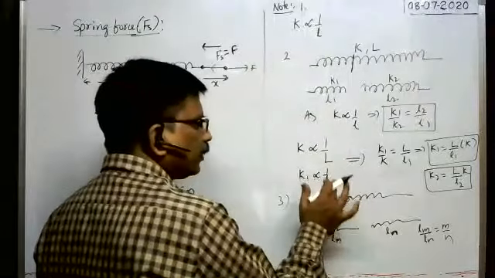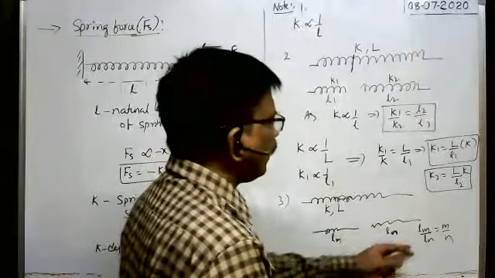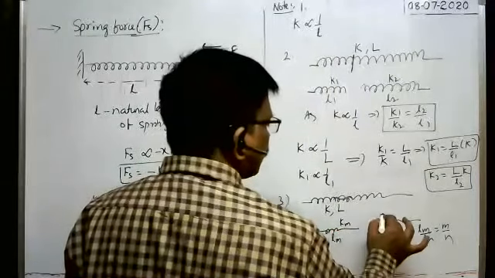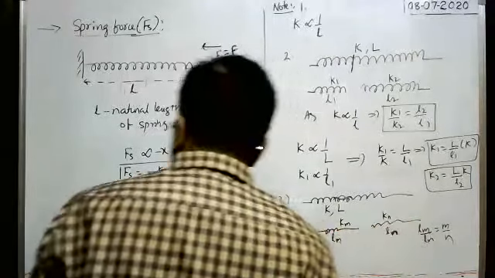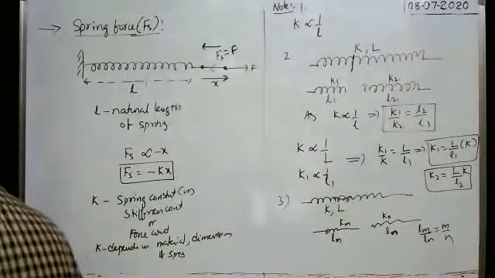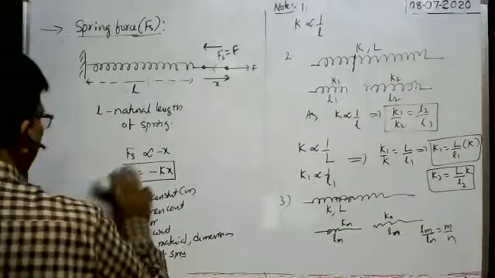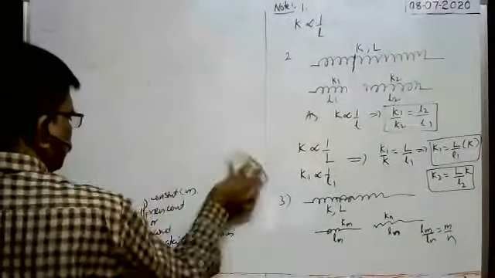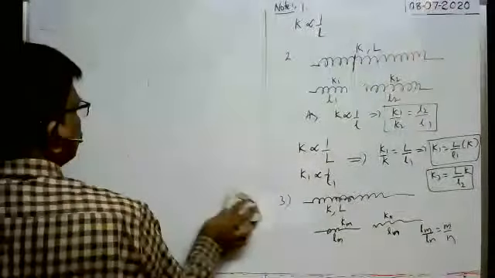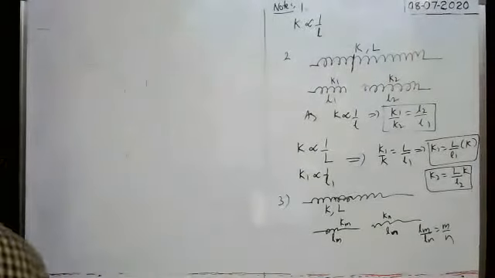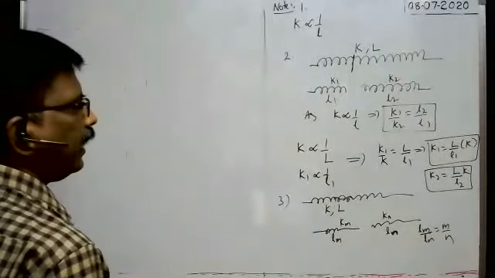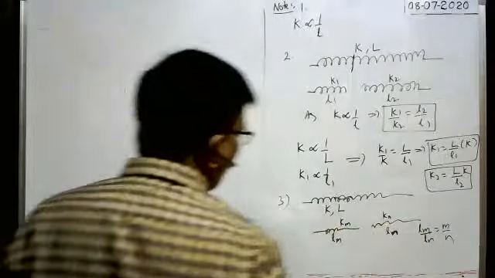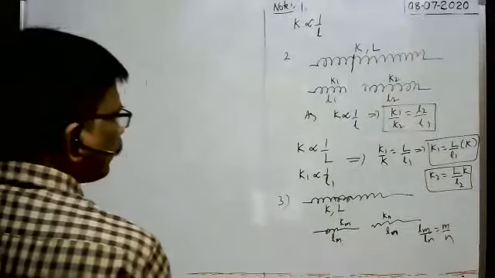The spring constant of this part is Km, and of this part is Kn. What about the Km, Kn values? We have to find the ratio or the values.